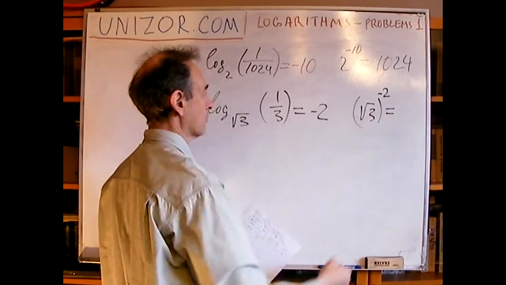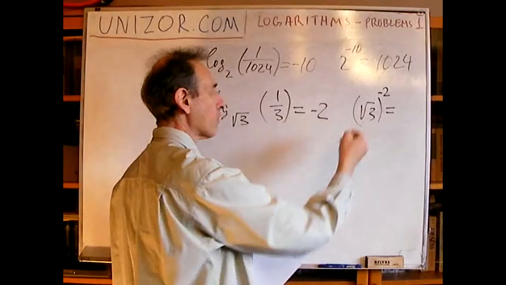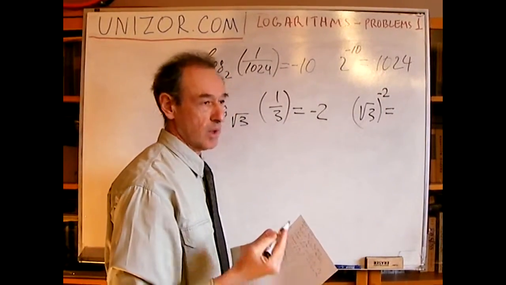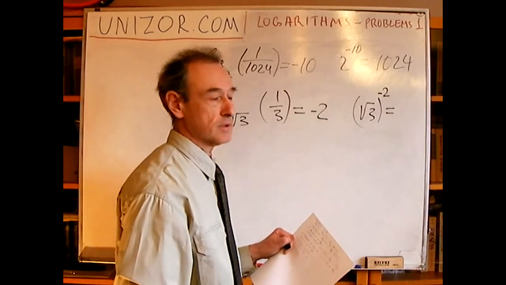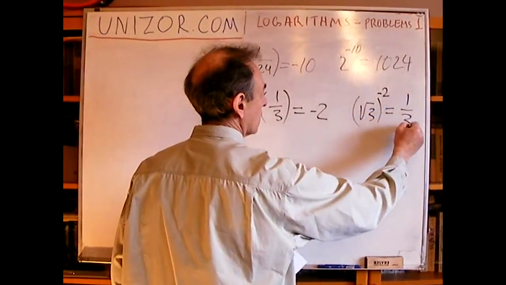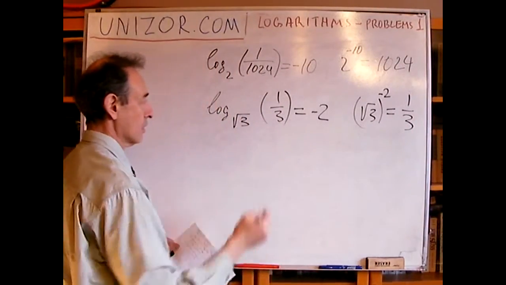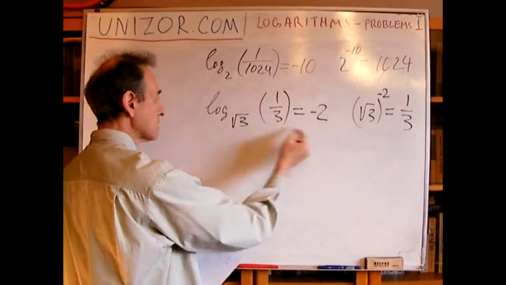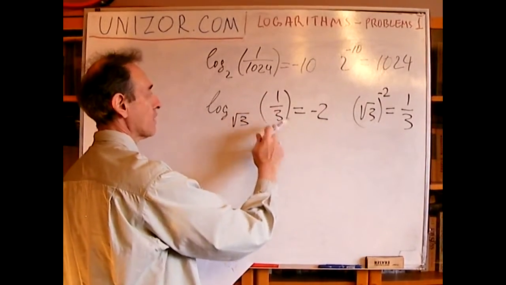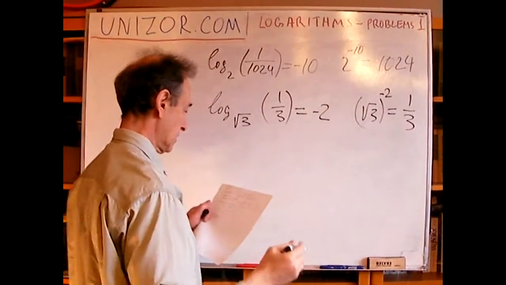Minus means I have to invert it, so it would be 1 over square root of 3. And then squared, well, square root of 3 squared would be 3, so it would be 1/3, which is exactly this. So again, this means that square root of 3 to the power of -2 is equal to 1/3, and this means exactly the same thing.